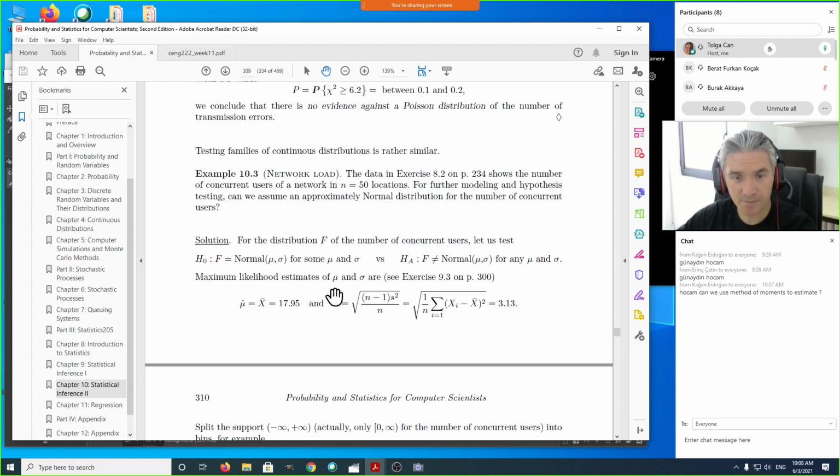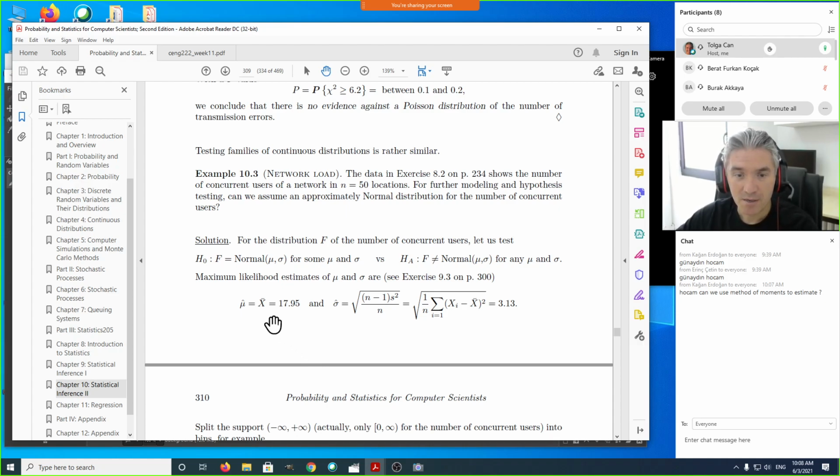In the question, it will probably be specified to use maximum likelihood, or unless otherwise specified, you can always use maximum likelihood. In some of the estimates we saw at the beginning of chapter 9, the formulas for method of moments and maximum likelihood are the same, so it doesn't matter which you use.